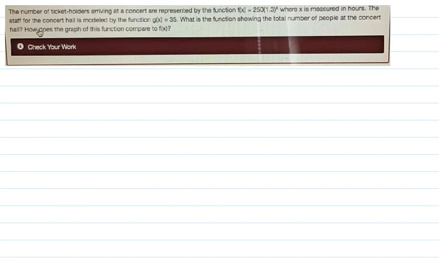Okay, in our last example, it says the number of ticket holders arriving at a concert are represented by the function. So here's f of x, where x is measured in hours. The staff for the concert hall is modeled by the function g of x. What does the function show the total number of people at the concert? So our ticket holders is going to be f of x, and our staff is going to be g of x.